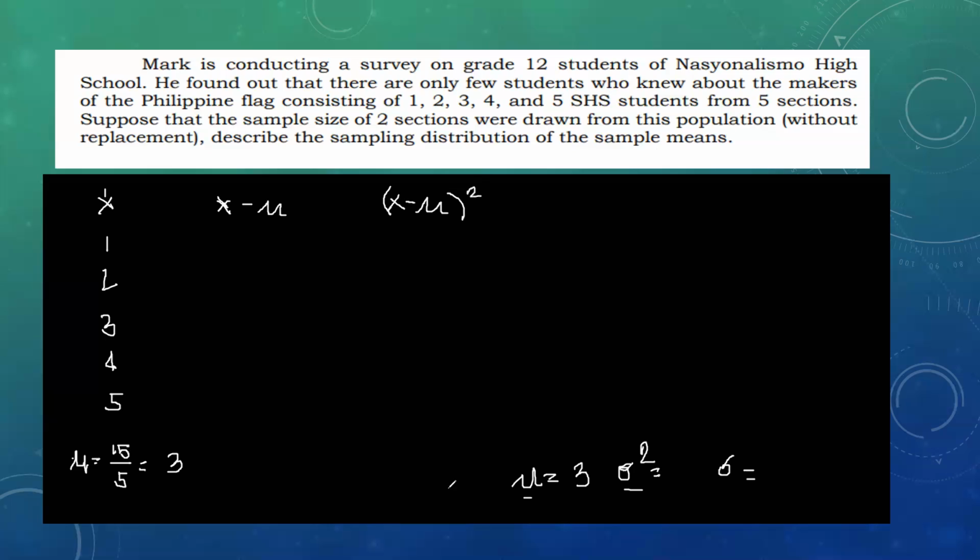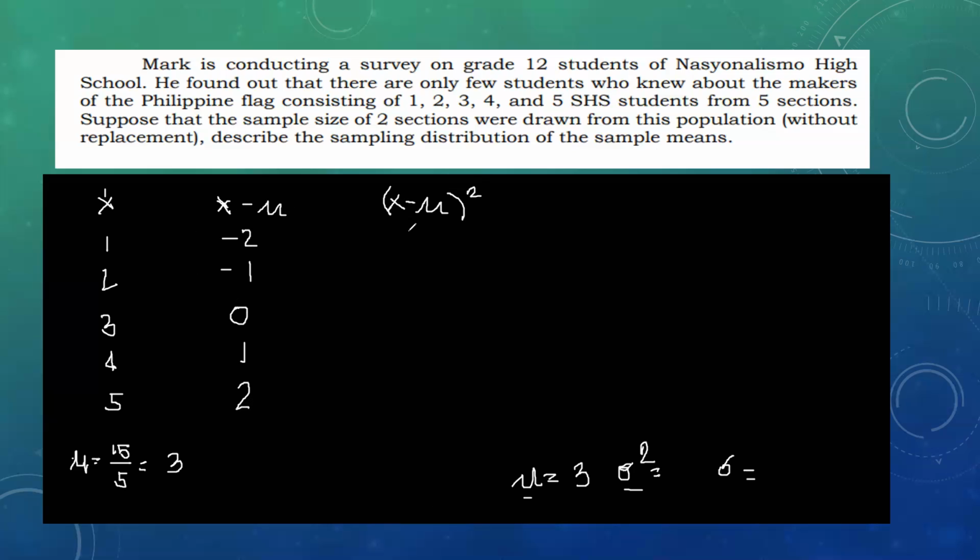Then kung ano makukuha natin yan, i-divide natin by 15. So let's start with that. So that's 1 minus 3, that will be negative 2. 2 minus 3, that will be negative 1. That will be 0. Then 4 minus 3 is 1. Then 5 minus 3 is 2.